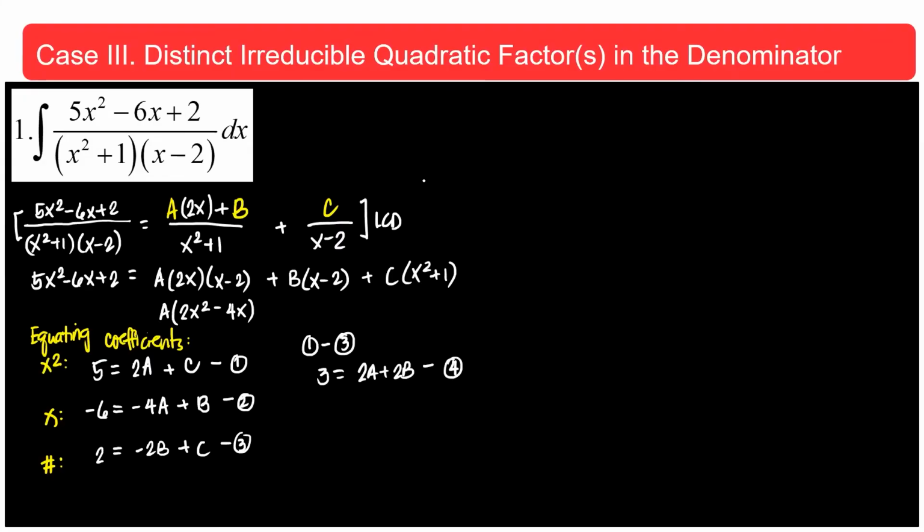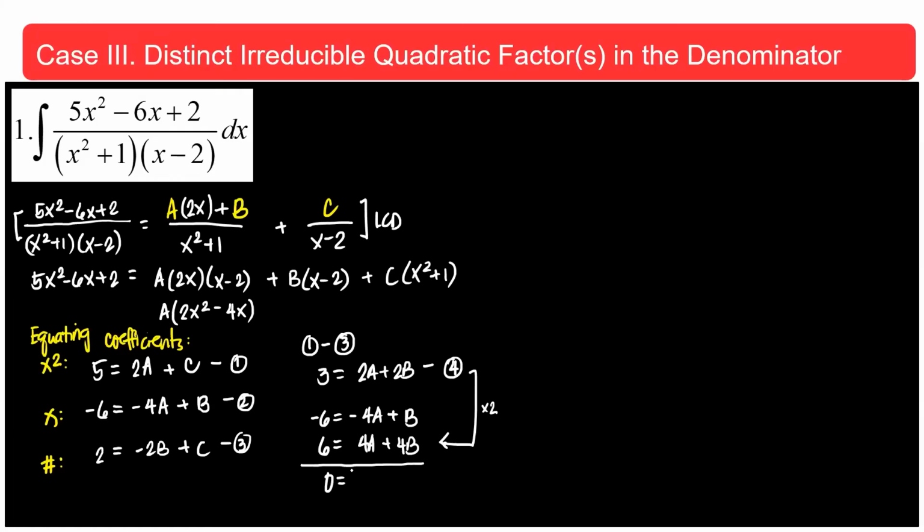Now the thing is, we haven't really used equation 2 yet. So equation number 2 is -6 is -4a plus b. But look at equation number 4. If I multiplied everything by 2, di ba? Multiply that by 2, I'll get this line.